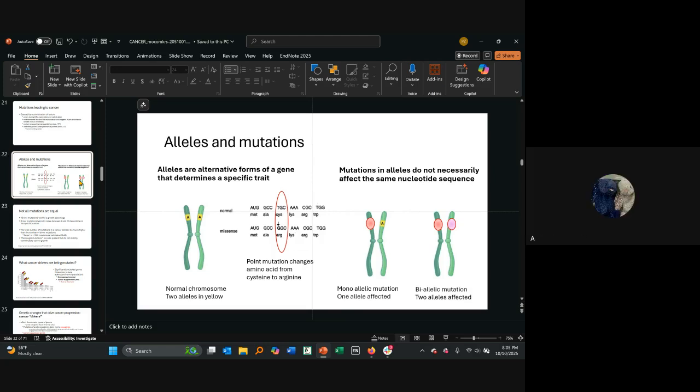So it starts with the primary level where there's a sequence of amino acids joined together by peptide bonds. And then there's the secondary structure where alpha helices and beta sheets are formed through hydrogen bonds.